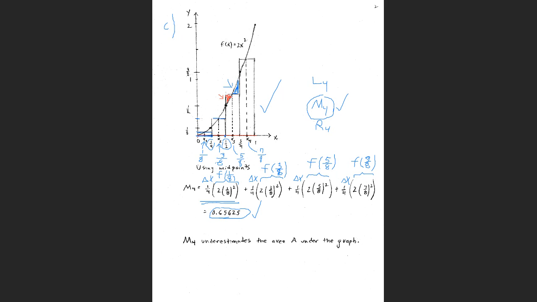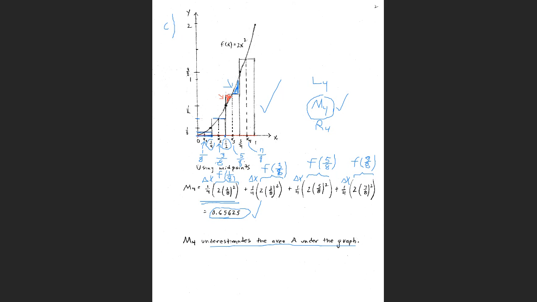This is a concave up function. Okay, f of x equals 2x squared is a concave up function. So what's happening then is that M4 underestimates the area under the graph.